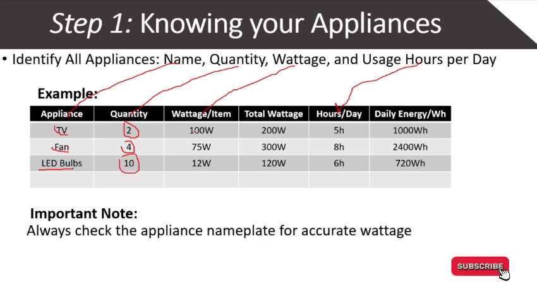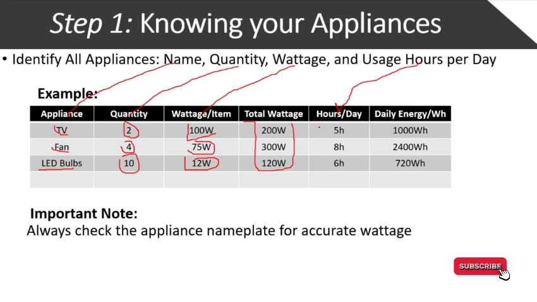The wattage is per item, that is, wattage per television, per fan, and per LED bulb. The wattage for each television is 100 watts. For each fan, the wattage is 75 watts. For each LED bulb, the wattage is 12 watts. Now we skip this column because we are discussing it in our next step.